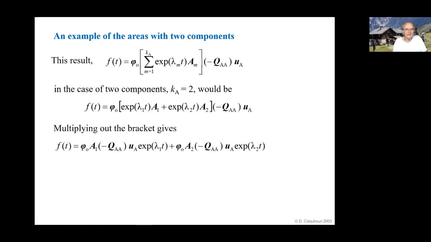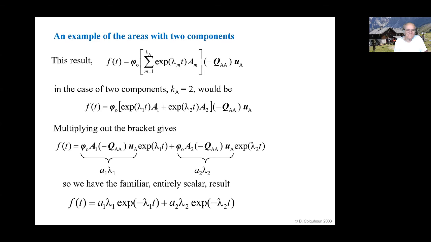If we multiply out the brackets, we get that. So this bit, as we've already pointed out in the more general case, is the area of component 1 times the first eigenvalue of QAA. That's the area of the second component times the second eigenvalue of QAA. And that gives you the entirely general scalar result in the case of two components, which is that.